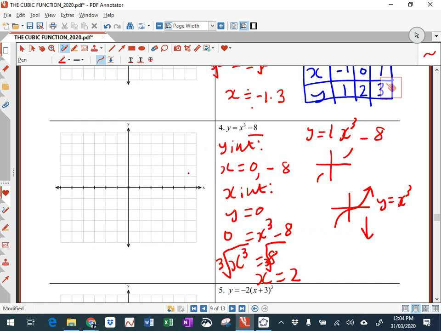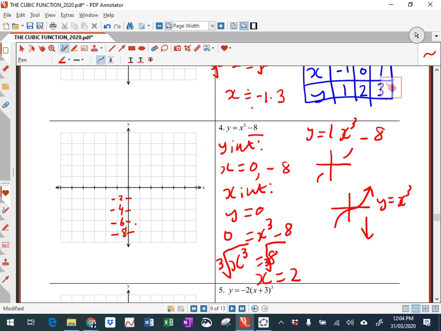So if I come over here, I'm going to put a scale of 2's here. So -2, -4, -6, and -8.